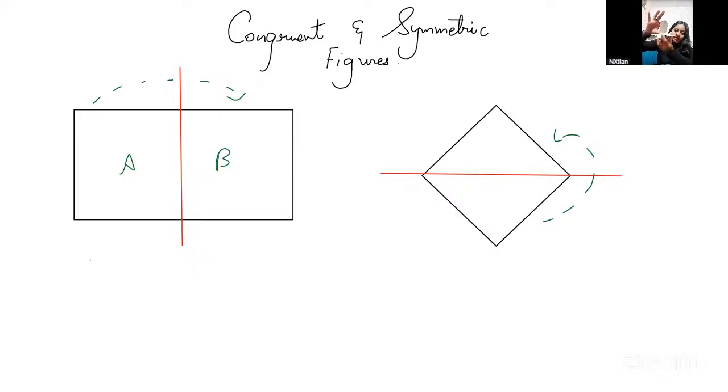The upper part is exactly covering the bottom part. These are symmetric figures. Now write down the definition of symmetric figures.